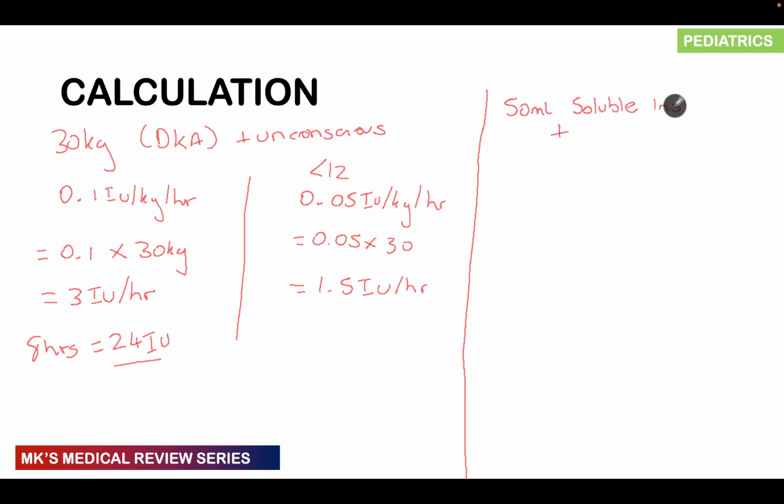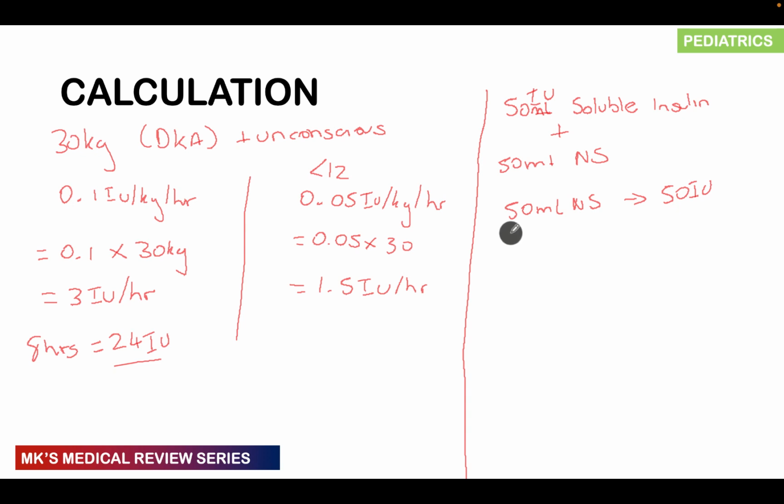And we're going to add it to 50 mils of normal saline. So once you have added the 50 international units, rather, not mils. This should be 50 international units. You have added it to 50 mils of normal saline. So in 50 mils of normal saline, you have 50 international units.